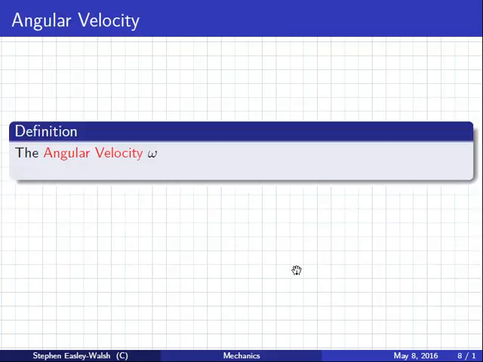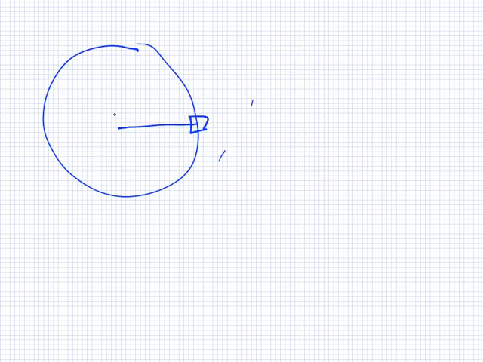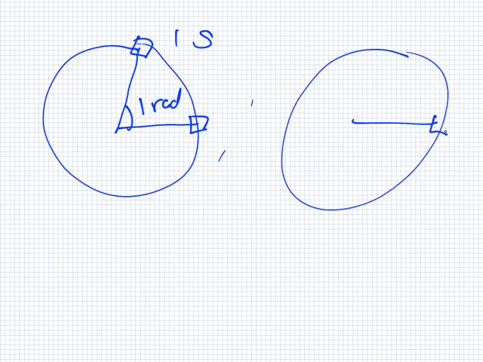Now on to some more definitions. Angular velocity. So let me just explain this with an example. Here is the car, and then here it is 1 second later, and this is 1 radian. Here is the car, and here it is 1 second later, and this is 2 radians.